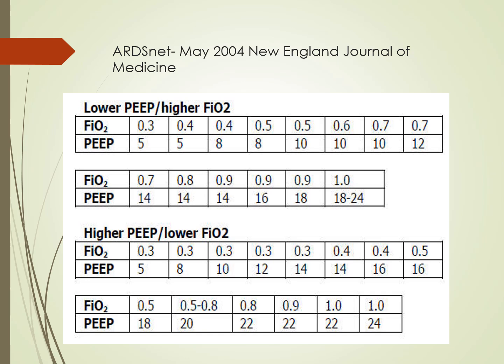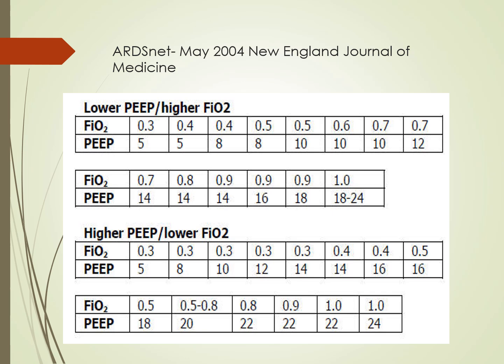From that, they developed this table. The table shows that you really want to use higher levels of PEEP and lower FiO2. So how this works is this. If you're on 30% FiO2, you could get a PEEP of 5. But if you start going into 40% FiO2, you really need to bump the PEEP up to 8.